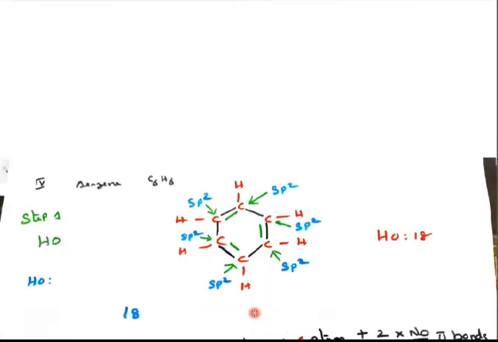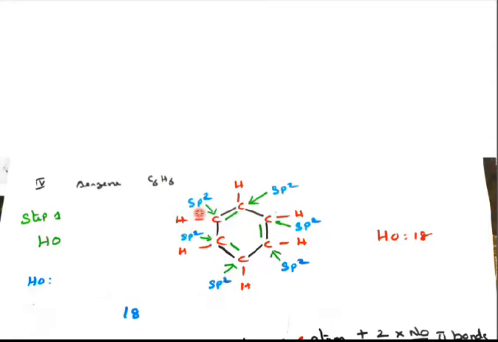Next example, benzene, C6H6. So here there are 6 carbons: 1, 2, 3, 4, 5, 6. These two carbons are double bonded, these two are double bonded, and these two are double bonded. Almost all are linked with double bonds. So here sp2, sp2, sp2, sp2, sp2, sp2. Double bond means sp2 hybridization.